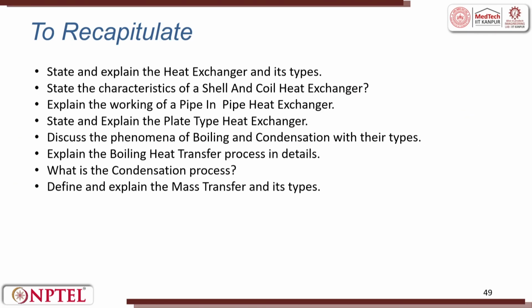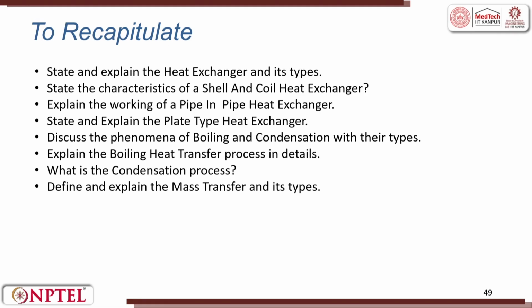So, friends, in this lecture we went through what a heat exchanger is and the different types of heat exchangers. We saw in detail shell and coil heat exchangers, pipe-in-pipe heat exchangers, and plate type heat exchangers, and how they work. Then boiling, different types of boiling, pool boiling and flow boiling. Then we saw condensation, different modes of heat transfer in boiling, and various types of condensation processes, and finally we saw mass transfer.